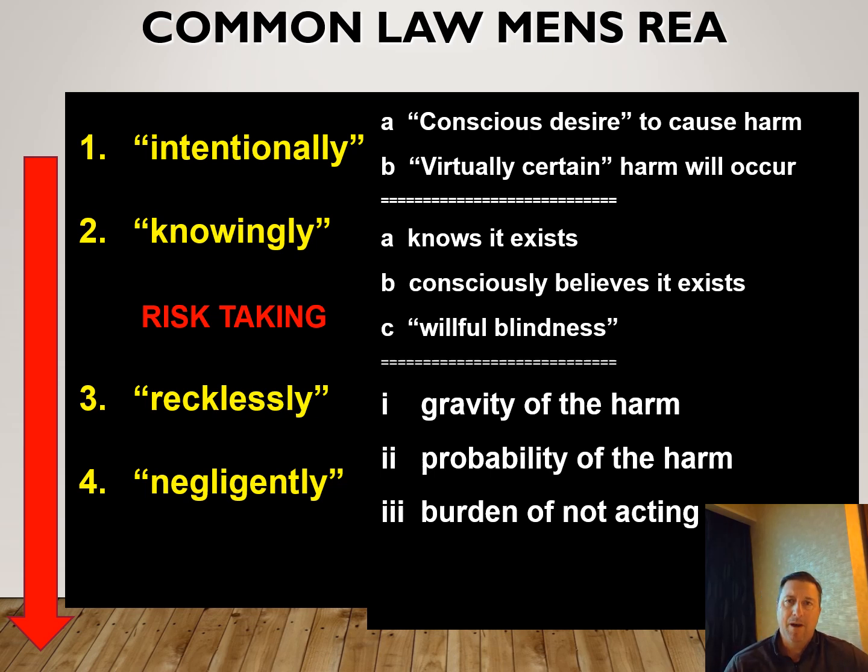Sometimes I might not intend to hurt anyone as I take my motorcycle and hop up on the sidewalk and start going 60 miles an hour. I didn't intend to hurt anyone. I just wanted to take an alternate path in the road. But there's harm involved, especially if it's a busy area, especially if there are people known to be on that sidewalk. And if it's a busy street, if it's New York City, then there's a high probability of harm as I hop up onto the sidewalk going 60 miles an hour.